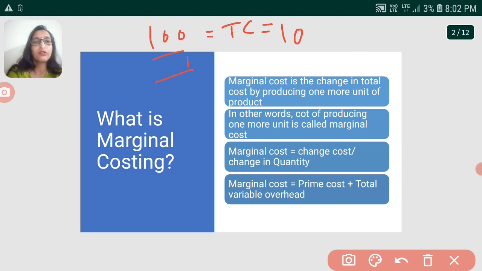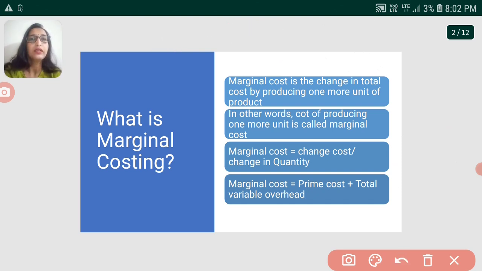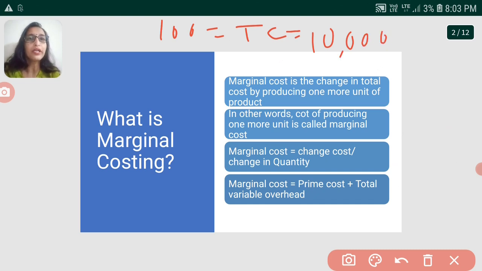I'll give one more example with a small amount. Here 100 units we are manufacturing, and the total cost is 10,000. Now an additional one unit we are manufacturing, and the total cost is 10,100.